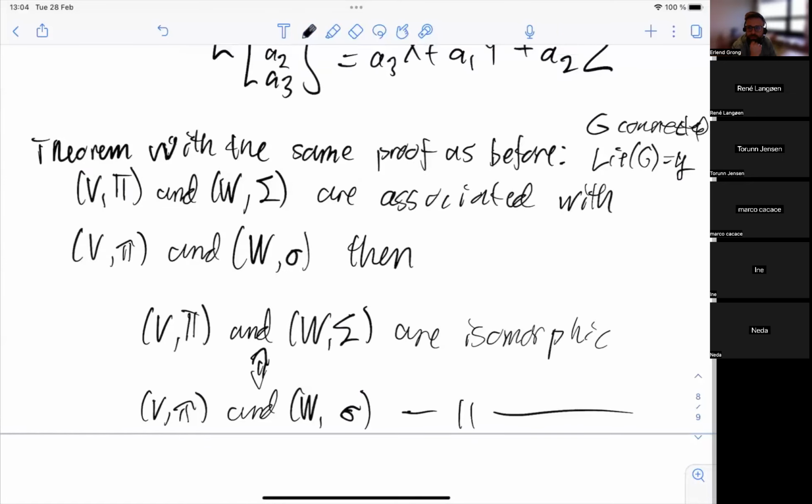And the reason the proof is the same is just as before: if we have a connected Lie group, then it's a product of exponentials.